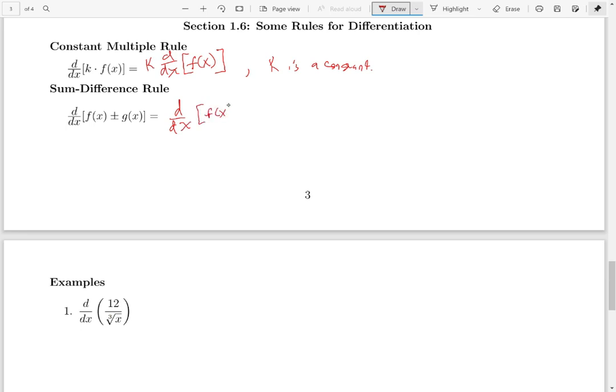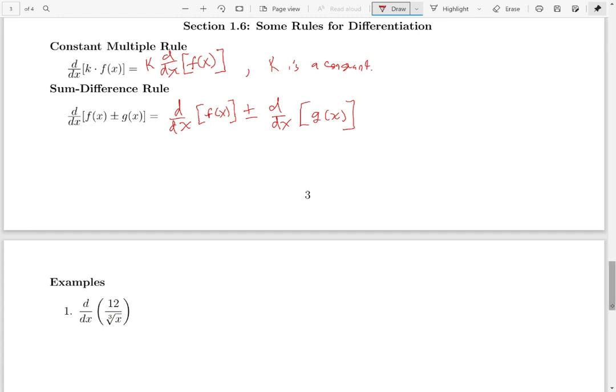And so you just have to take the derivative of the independent pieces that are being added or subtracted, and you're going to be just fine. And so the derivative of sums is the sum of the derivatives.